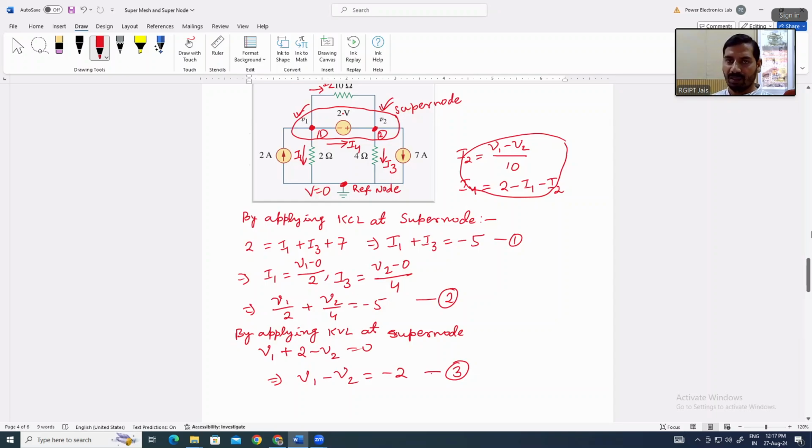But if you look at the supernode method, in this problem, by using only two equations, we can easily get the voltage at every node and the current flowing through the branches, right? Now it is clear to all of you.